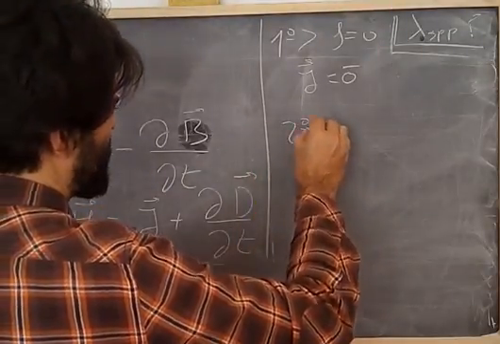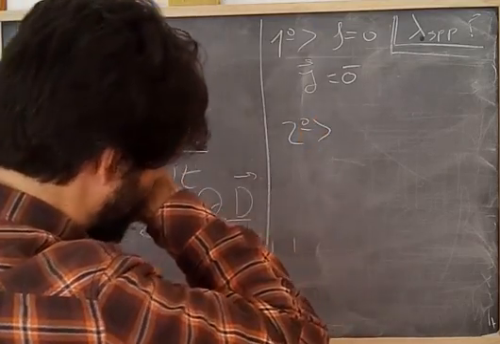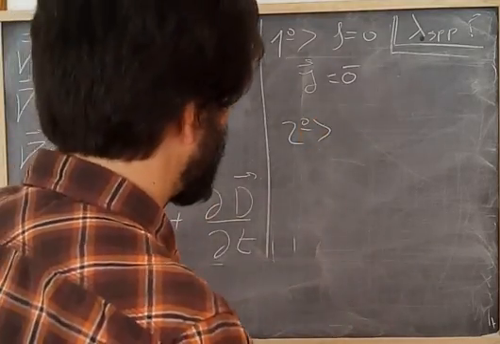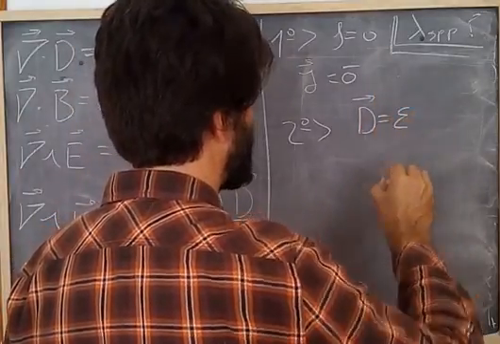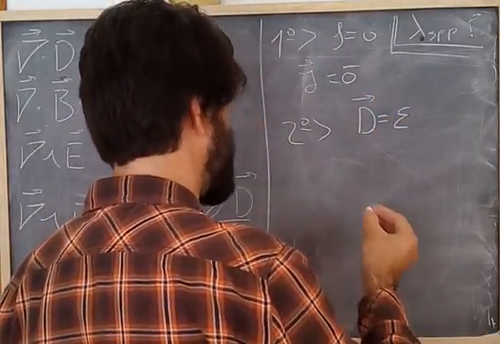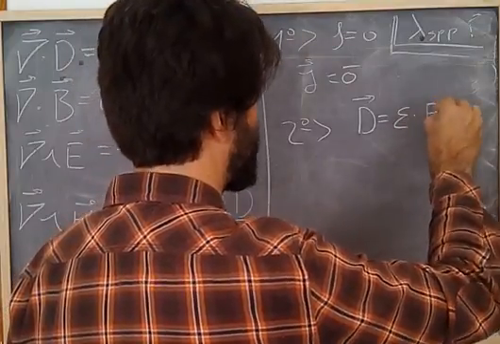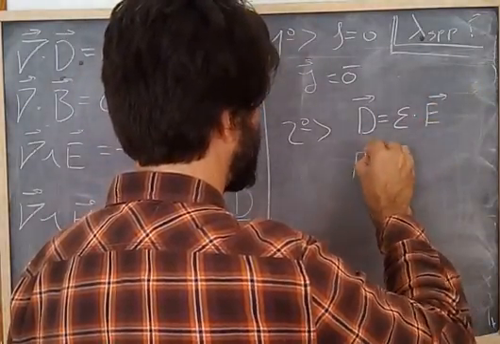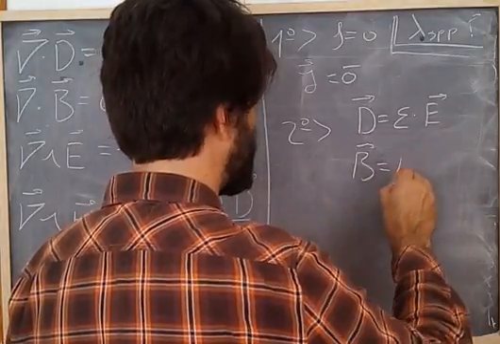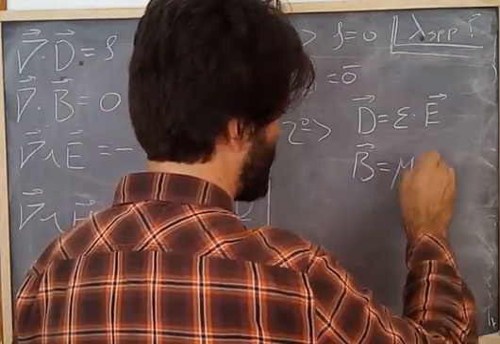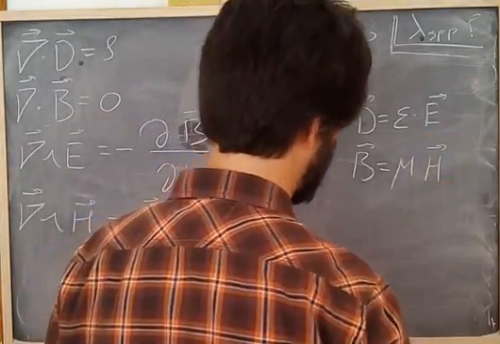The second condition is about the medium. The constitutive equations: the displacement electric vector is equal to the electric permittivity multiplied by the electric field, and the intensity of magnetic field is equal to the magnetic permeability multiplied by the magnetic field.